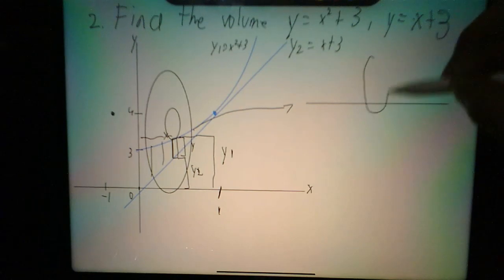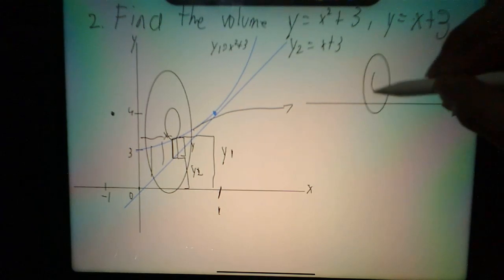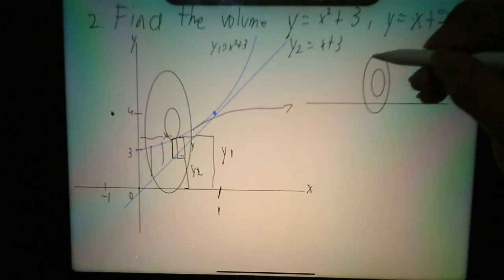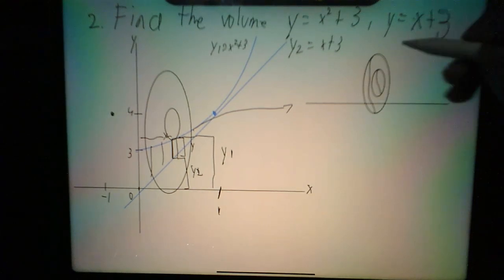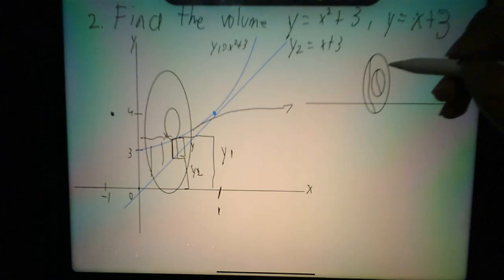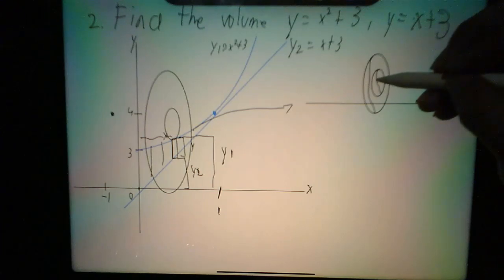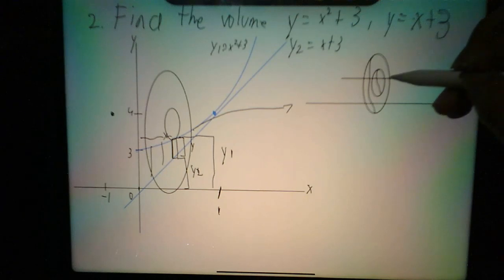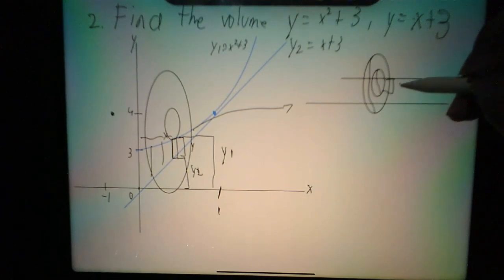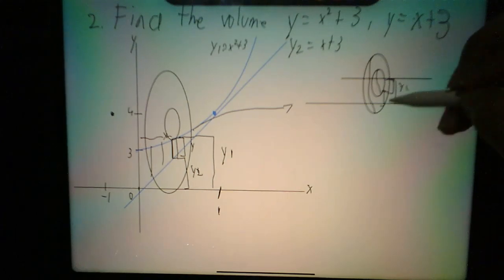This is our area of rotation again. From this part to this part, this is our y1, and this is our y2.